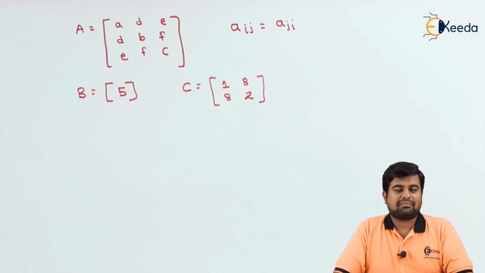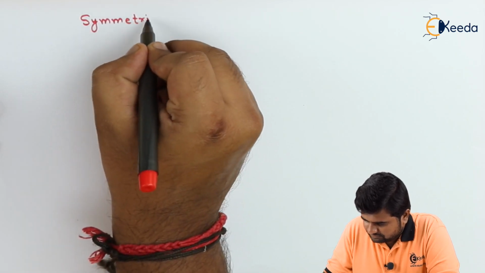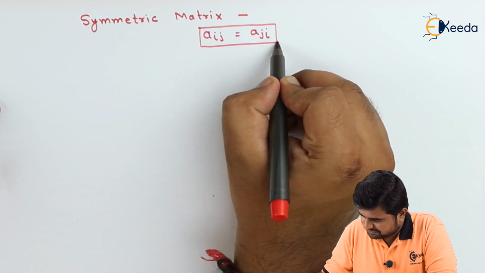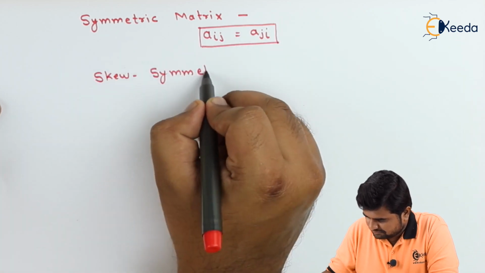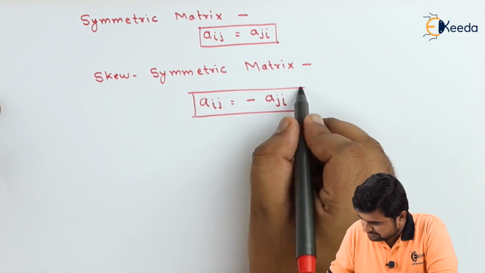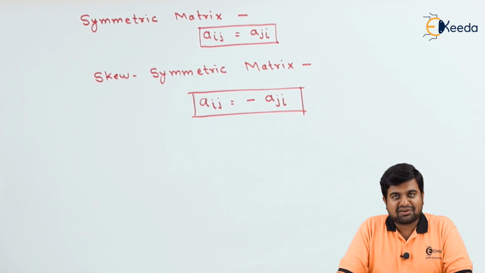As I said, skew symmetric matrix is nothing but exactly a negation of symmetric matrix. In symmetric matrix, any element Aij is equal to Aji. As learned before, skew symmetric matrix is the negation and the opposite of the symmetric matrix.